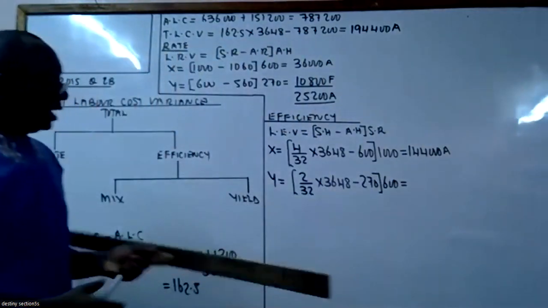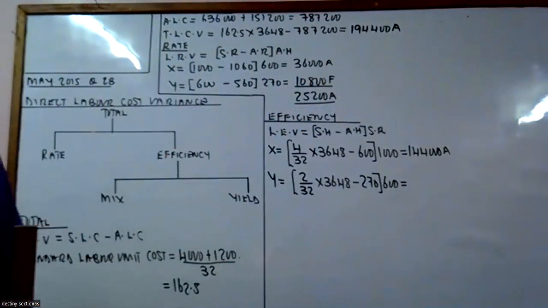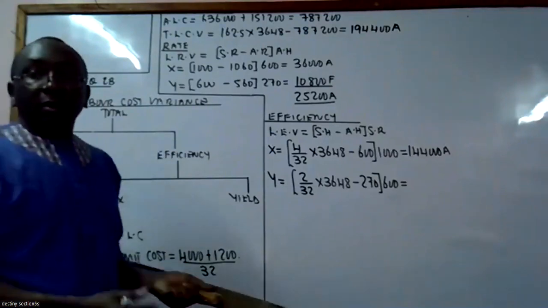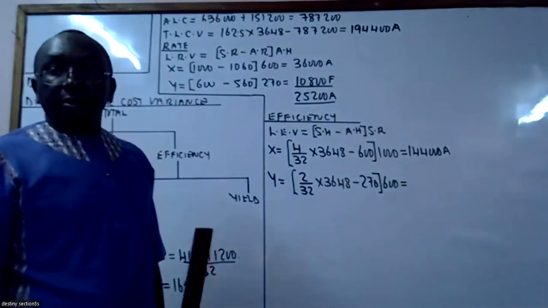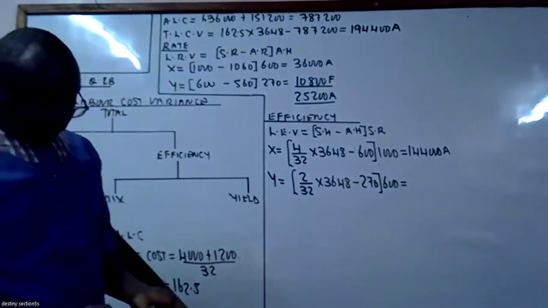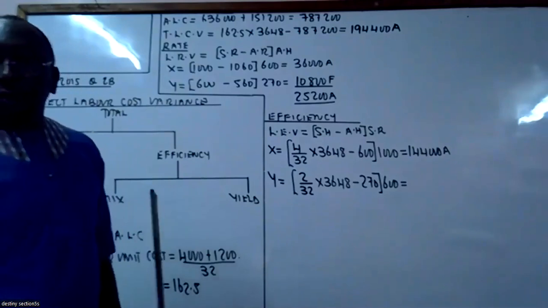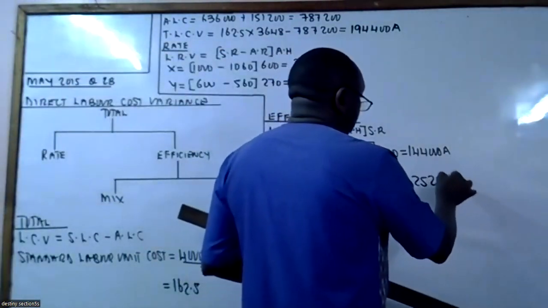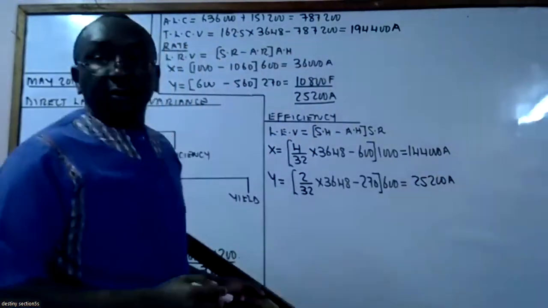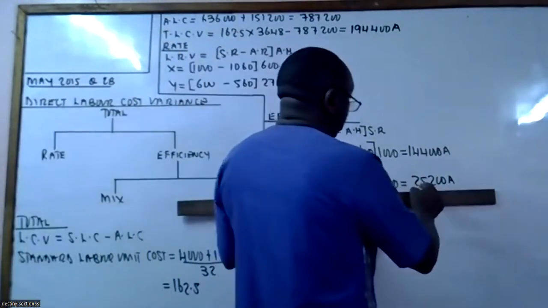So tell me what value that is. 25,200 adverse.